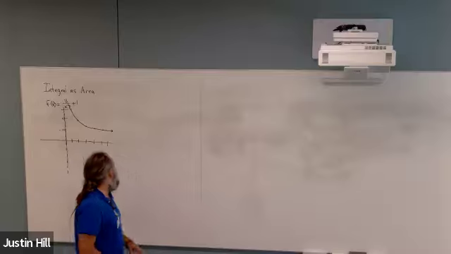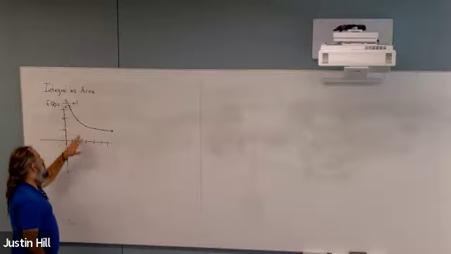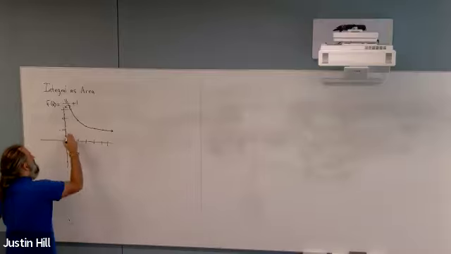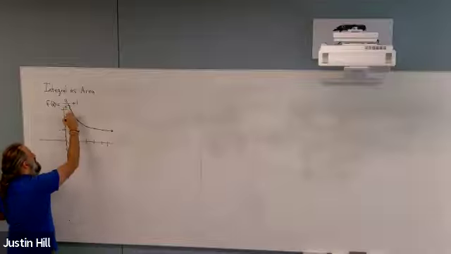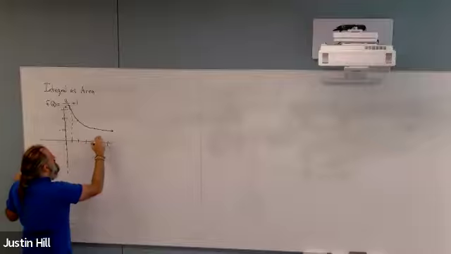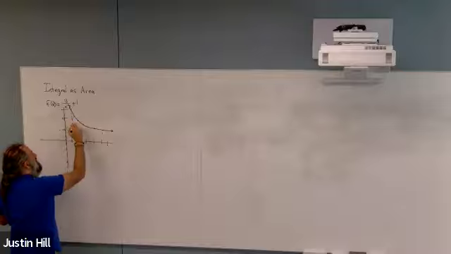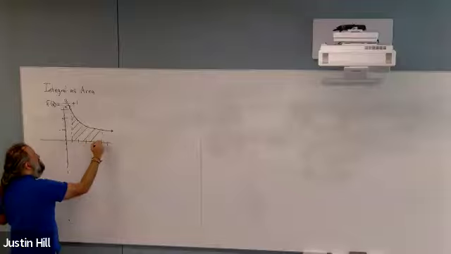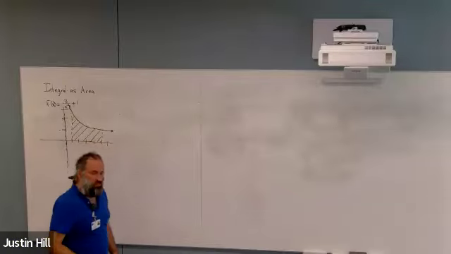If I wanted to find the area under this curve from, let's say, 1, so I'm basically going to block it off here, to, I don't know, 5. If I wanted this area, how would I find that?